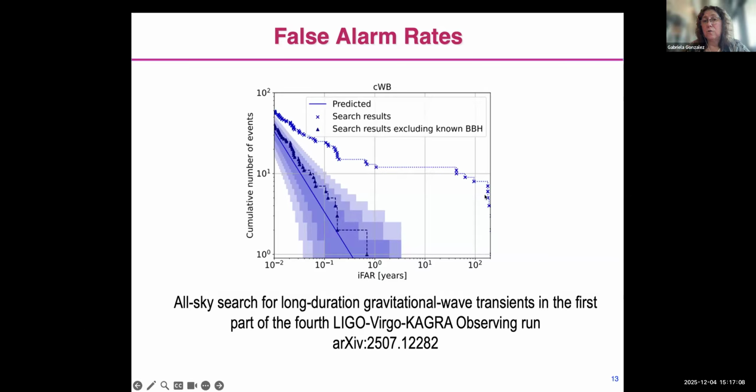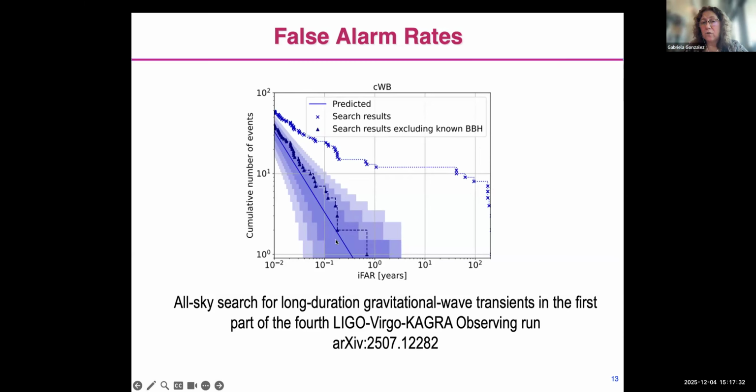So we know that those are binary black holes. And if you exclude those, then you have this. So we have not detected any transient that is not the merger of a binary black hole system. But we would like to.